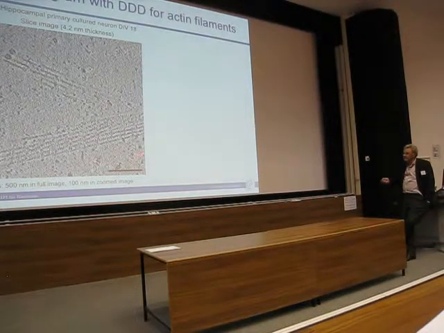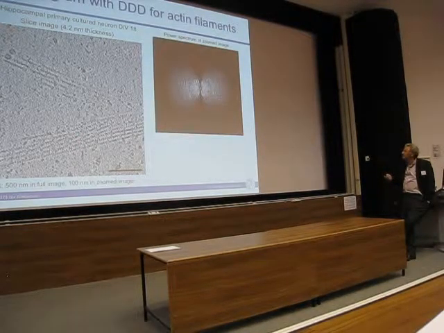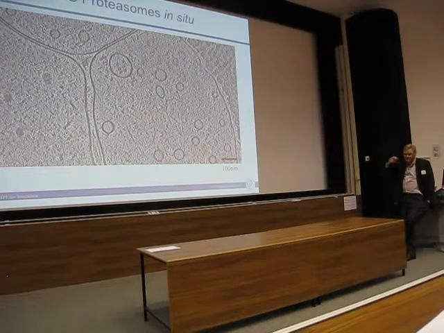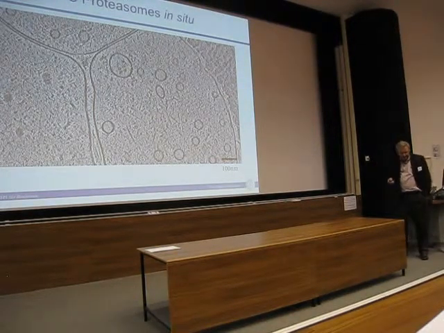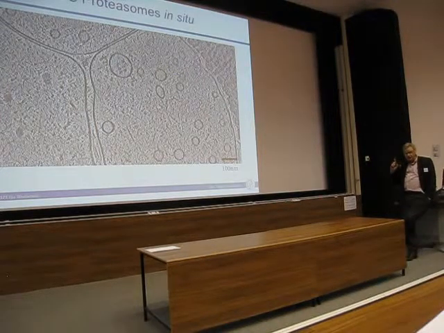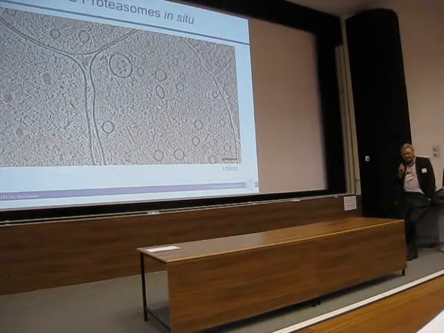I should say this is not a sample that had been thinned by focused ion beam technology. That is still a complete intact neuron directly on the grid. And as you calculate a power spectrum here, we have information going to something like 20 angstrom. And I should say all these experiments so far were done on a Tecnai 20.